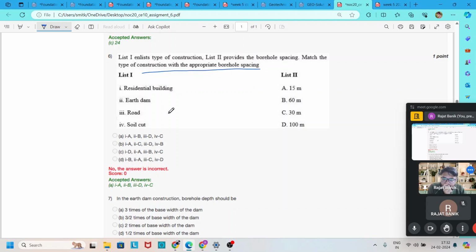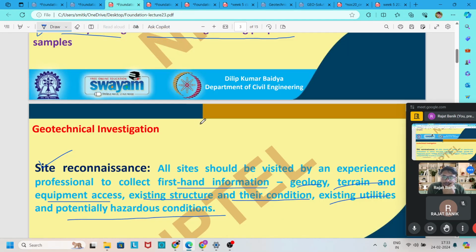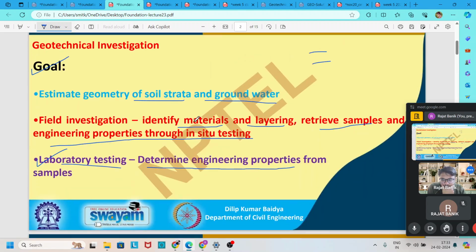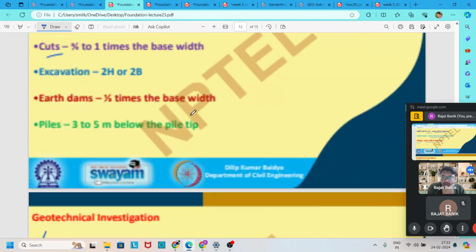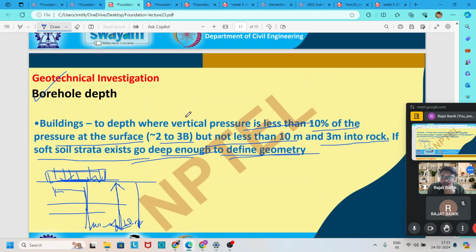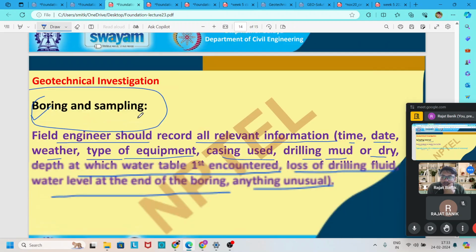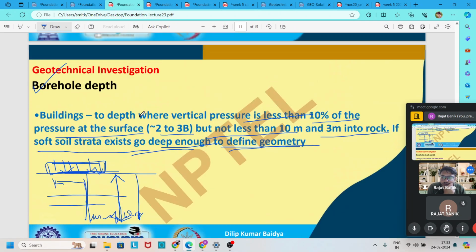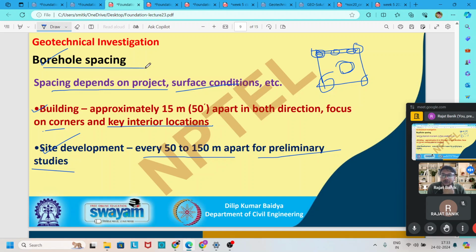If you remember, in lecture 23, we went through the spacing of boreholes.